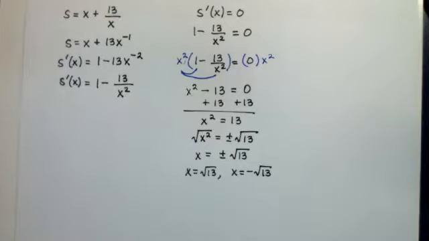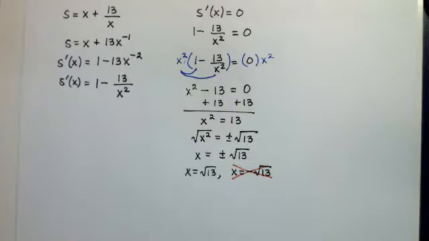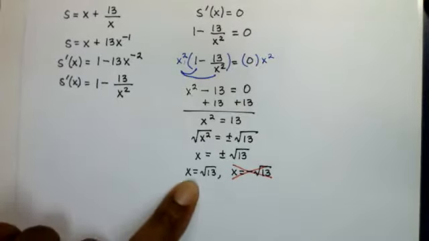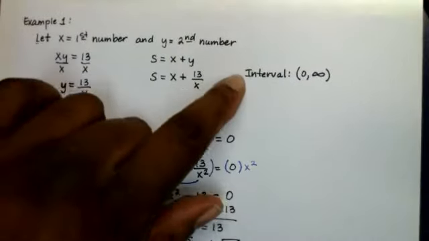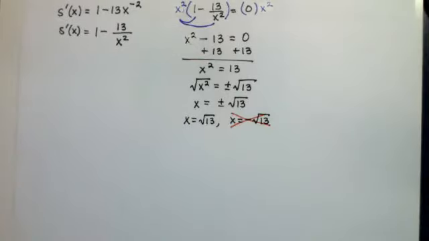So that means I need to cross that out, because that negative square root of 13 is outside the interval of interest. But the square root of 13 is inside the interval of interest from 0 to infinity. All right, so X will be equal to the square root of 13.